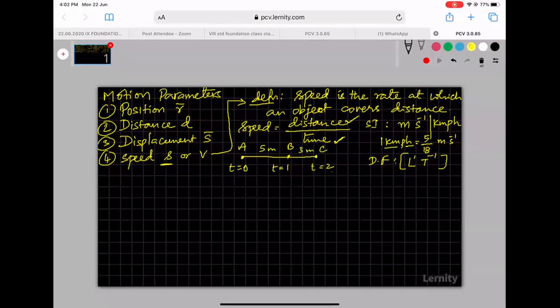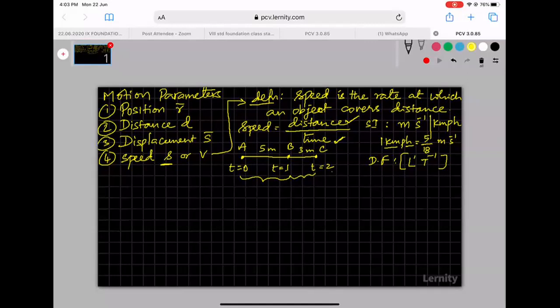Let's not worry about direction now. The object has covered 5 meters in the first second, and 3 meters in the second second. So it was traveling faster in the first second than in the second second.